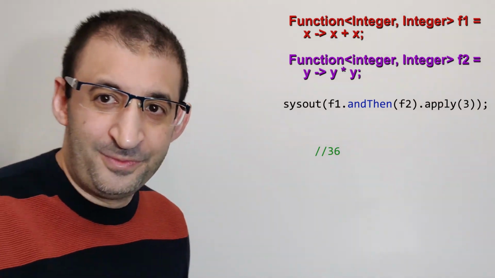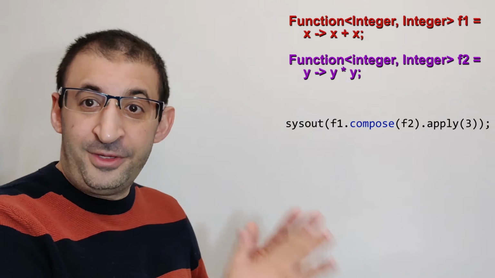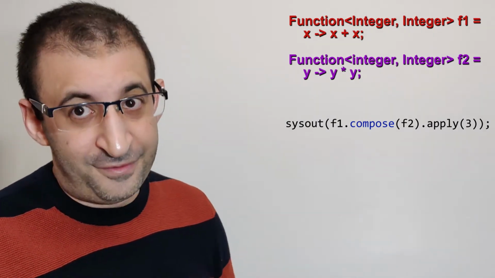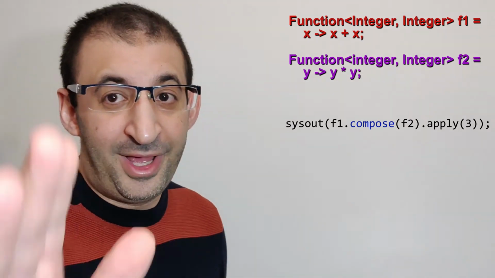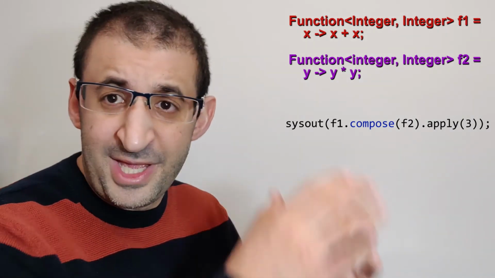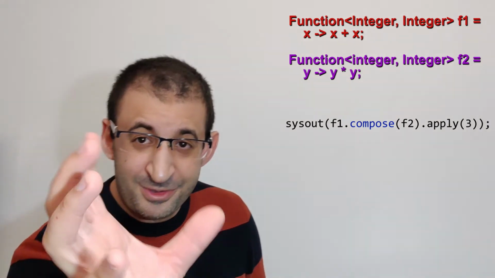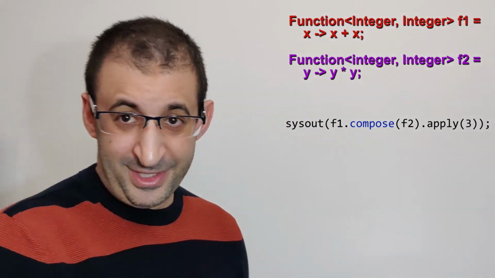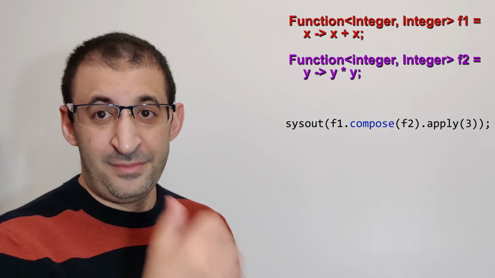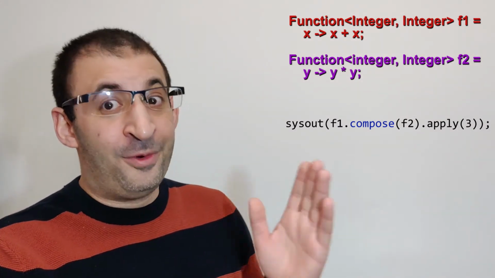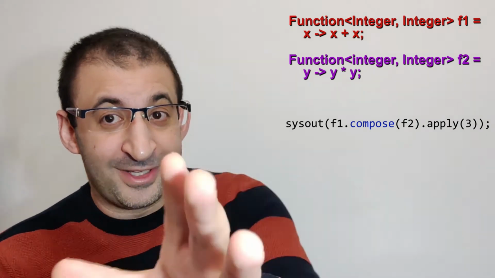Now what will I do? System.out.println f1.compose f2 dot apply with 3. The same parameter I used before, to see the importance of how to call them. f1.compose f2 means the f2 function will start.